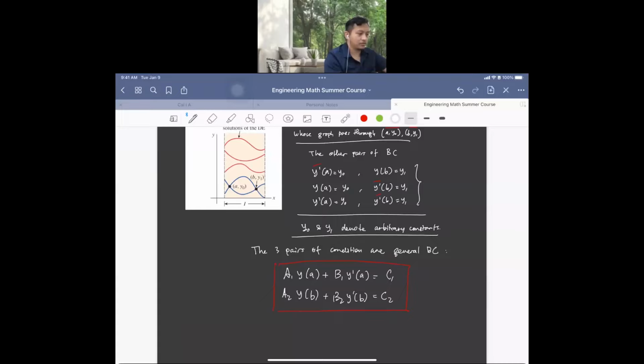I think I will just stop here. This is just an introduction on what we have and what typical general solutions for higher order equations can be.